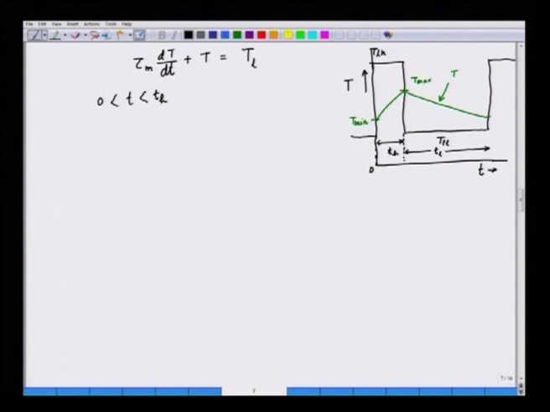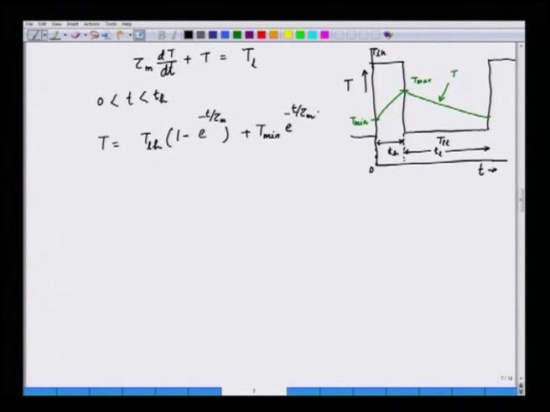So, what is the solution of this equation? The solution of this equation, T is equal to, the final value will be TLH into 1 minus exponential minus T by tau m plus the initial value is T minimum exponential minus T by tau m.